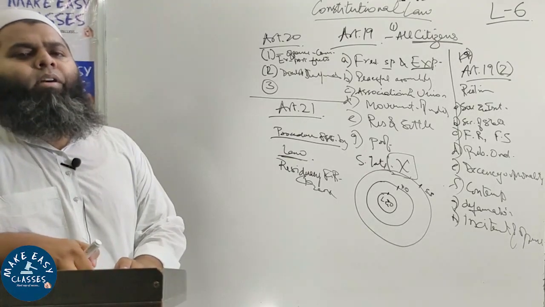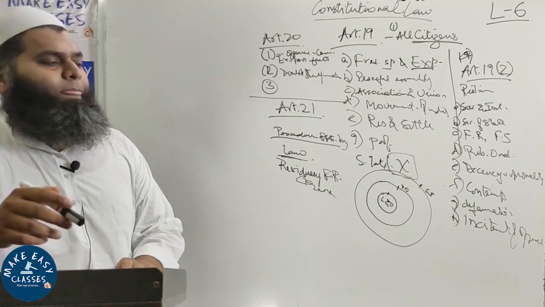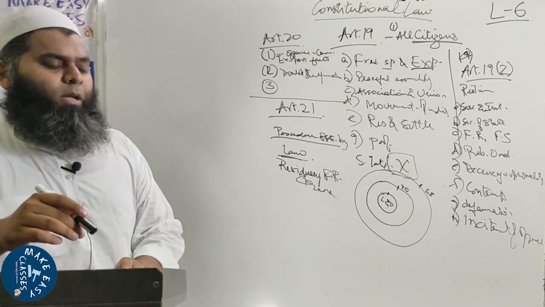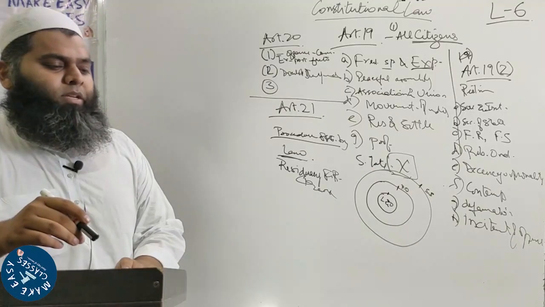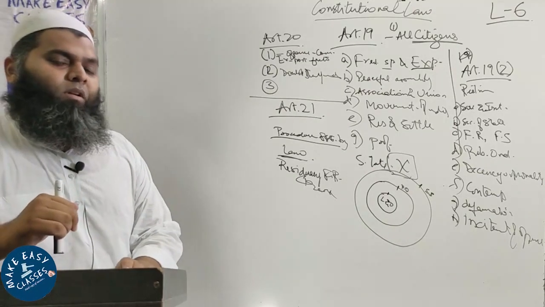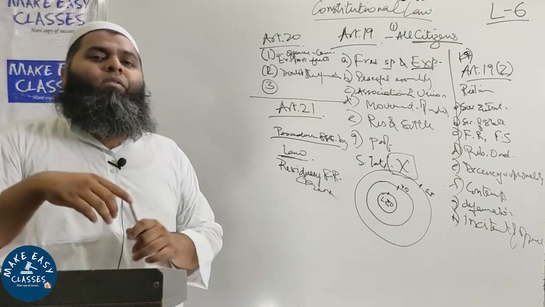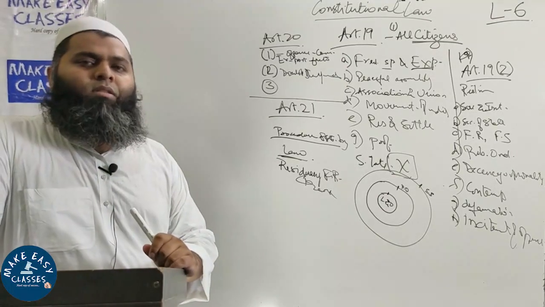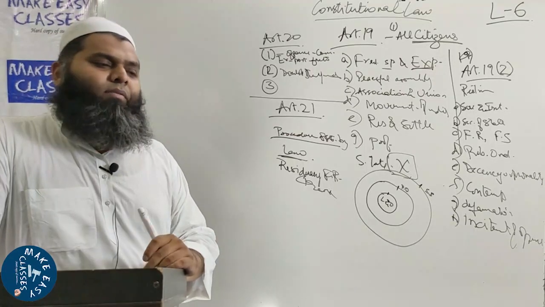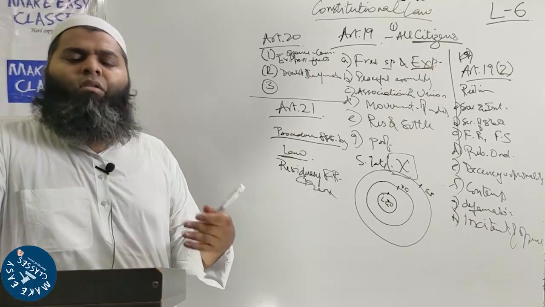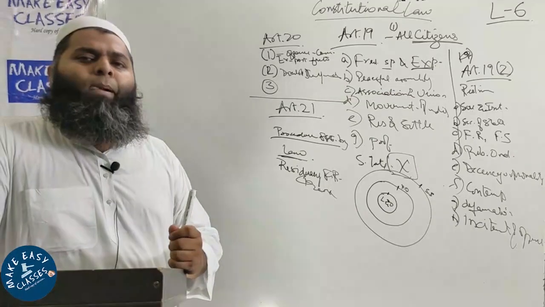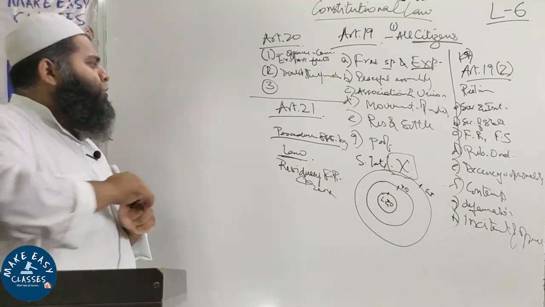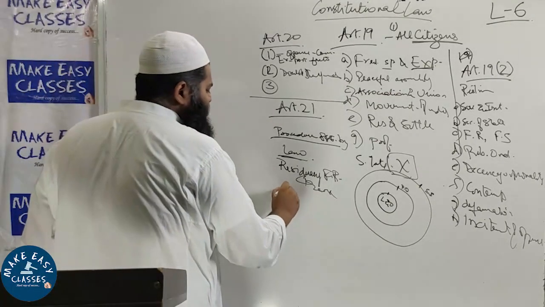These were not the exact wordings, but I am telling you the summary and the intention of Justice Fazal Ali. Now what does procedure established by law mean? After the rulings of different cases, the Supreme Court has held that it should be procedural due process.